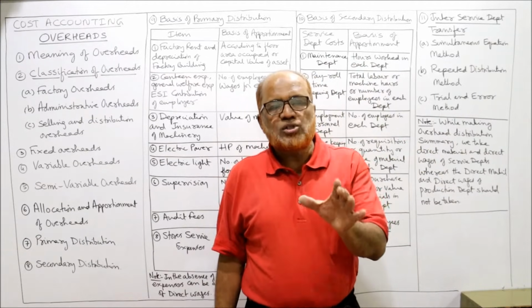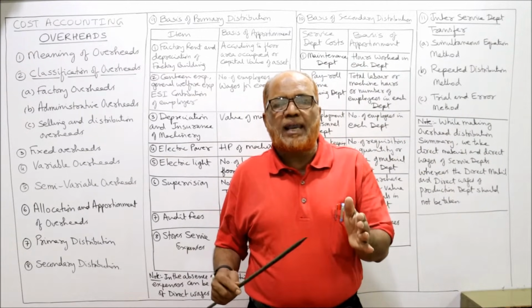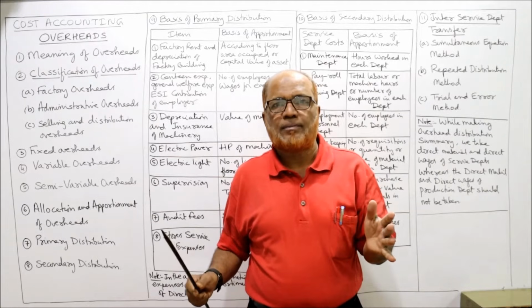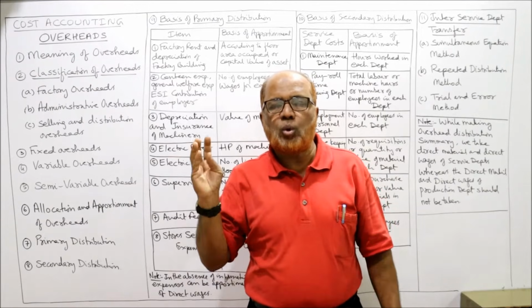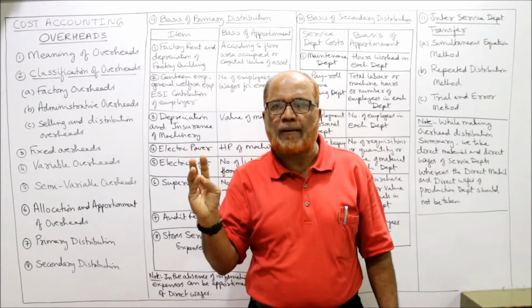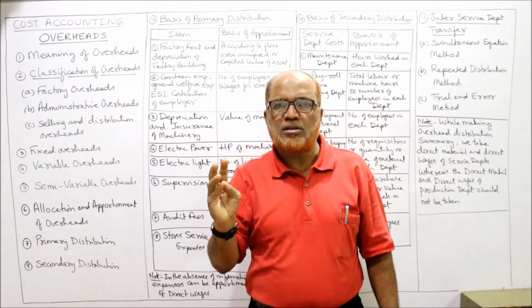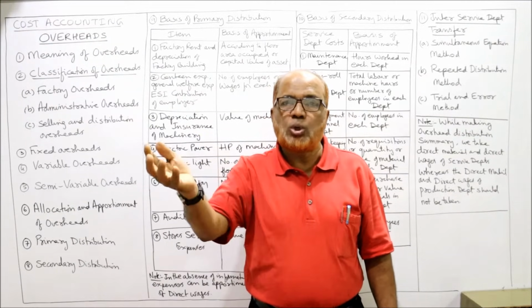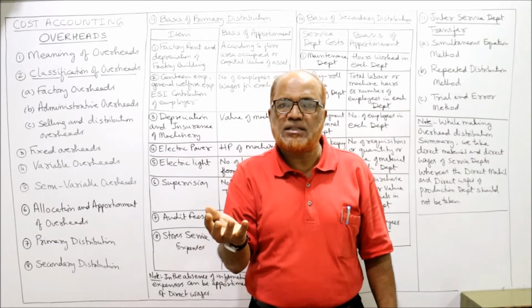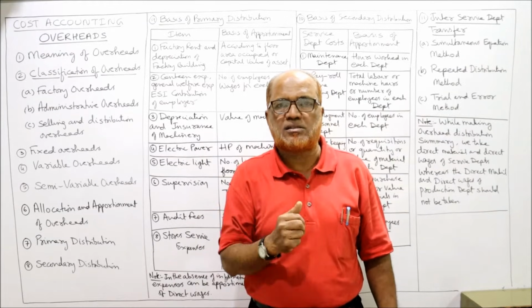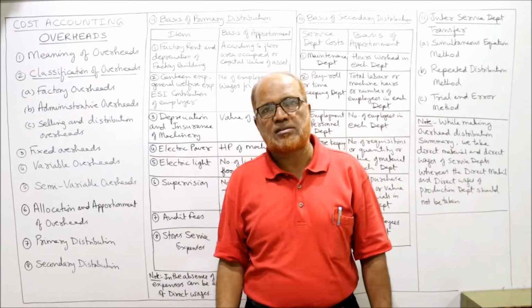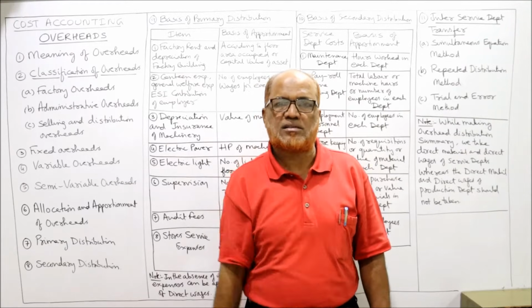First of all, the overheads should be collected and classified. In order to find out the true cost of production, the management, the cost accountant, should collect the data regarding the overheads and classify them into appropriate heads.